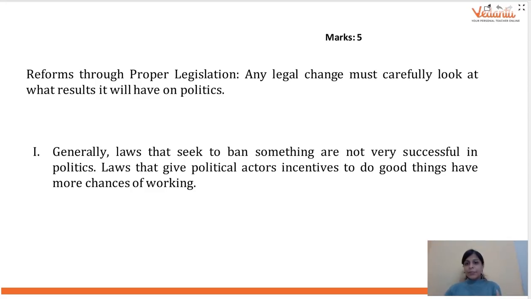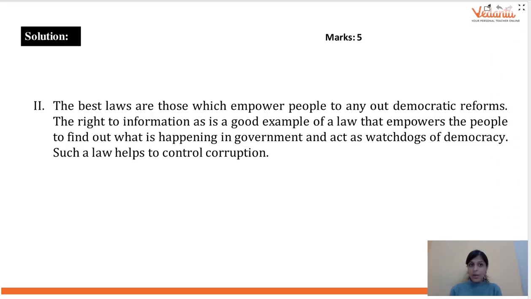For example, sometimes top leaders choose their own family members, so we should stop that practice. We should empower the ordinary citizen also. And the right to information is a very important law that empowers the citizen. It acts as a watchdog of democracy. Such laws help to bring down the level of corruption.